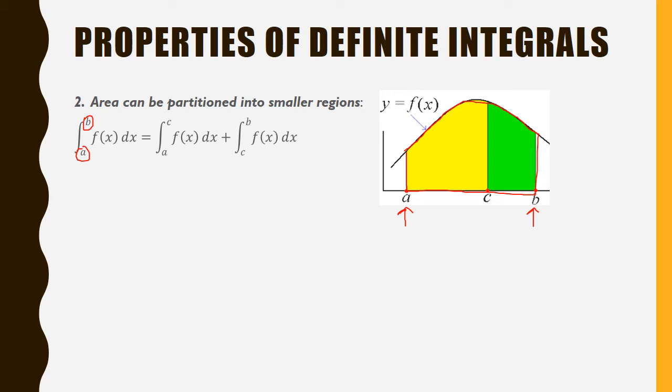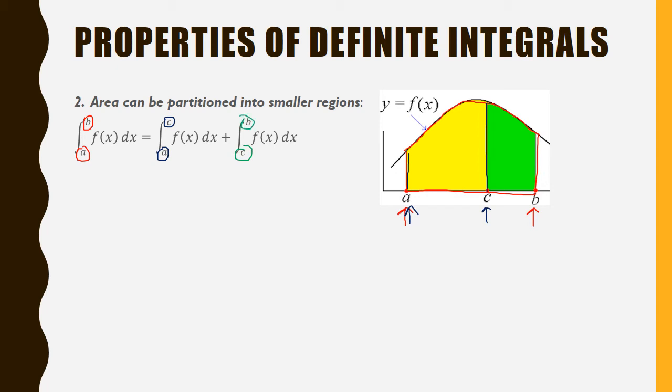It's equal to the integral from a to c. So where's c? So the integral from a to c, that would be the yellow section, plus the integral from, let's see what color do I pick, green, from c to b.